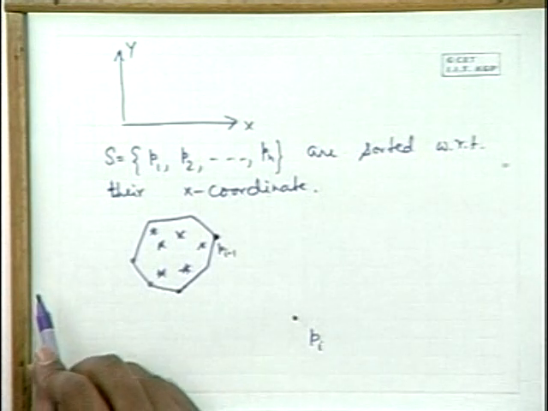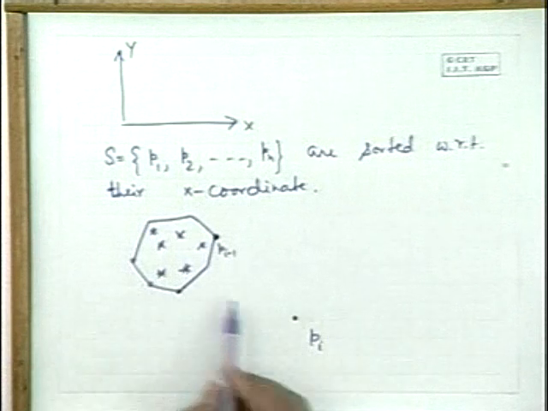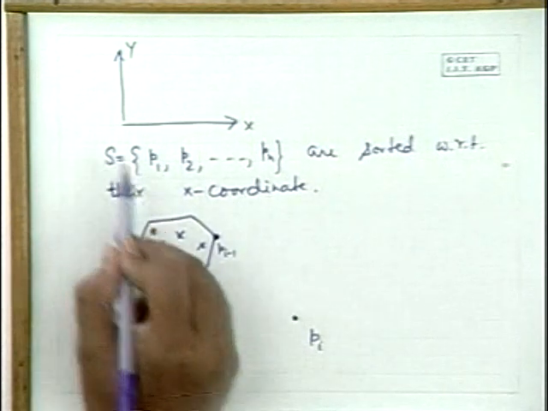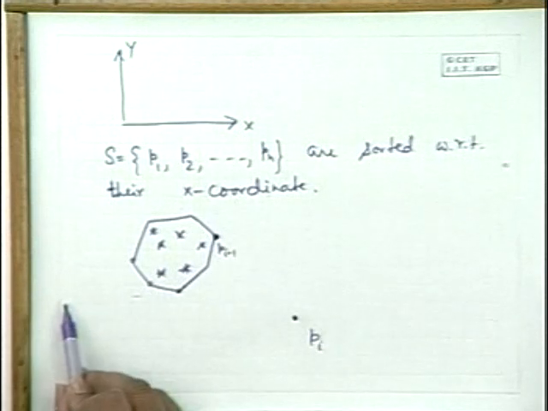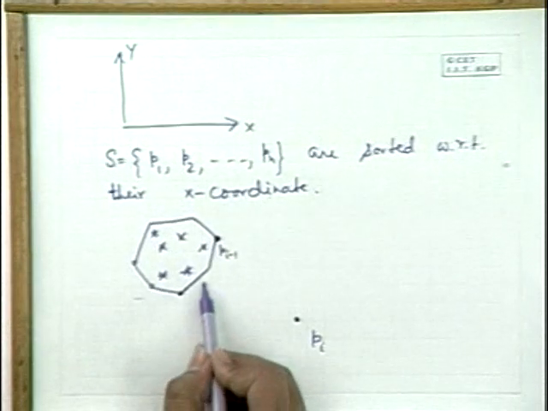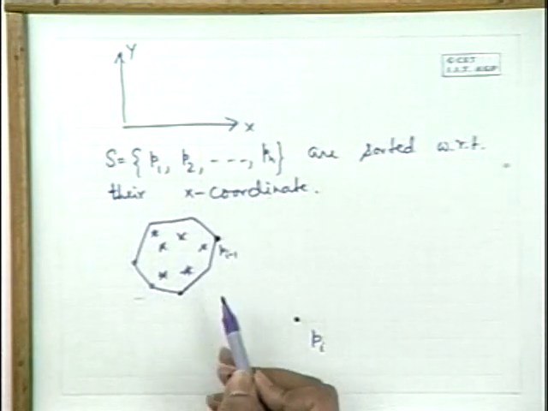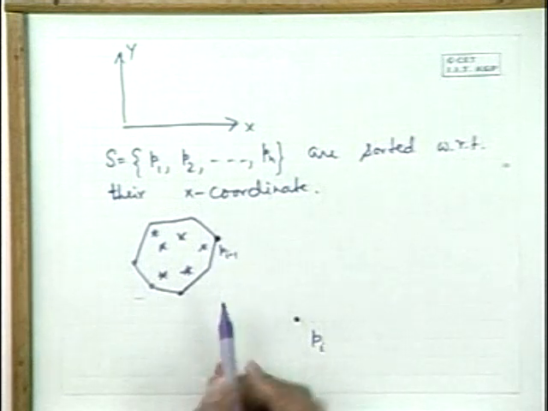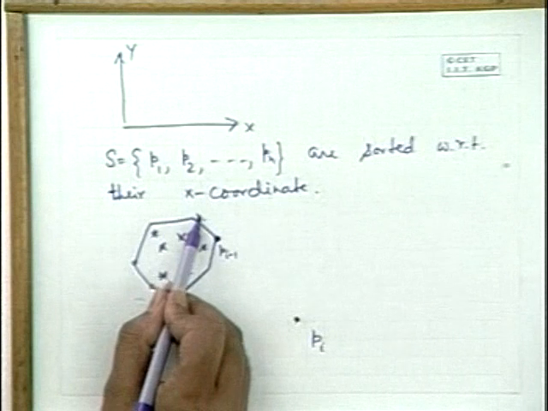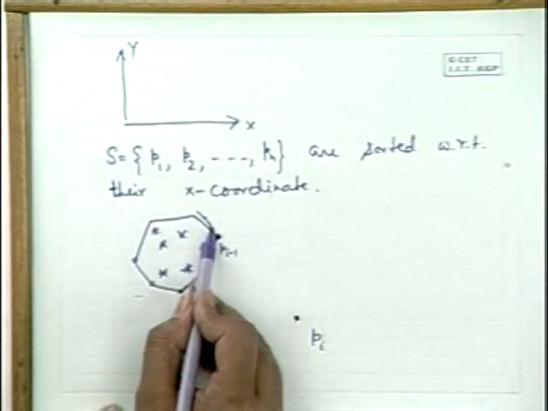It's not the slope of the previous line. We have to determine basically the tangent from Pi to this on the upper side, and the tangent from Pi to the lower side. And these two edges will replace the edges in between them, and that will be your new convex hull. So the new convex hull with Pi is probably this one.